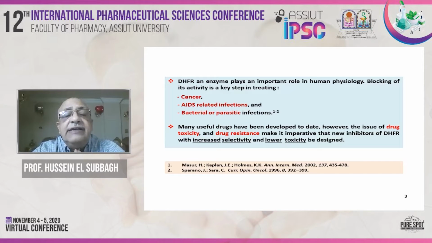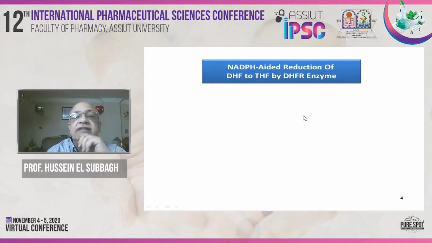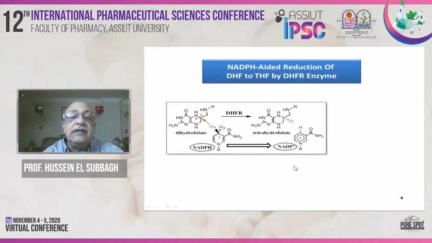We have quite a number of dihydrofolate reductase inhibitors, but they suffer from toxicity and drug resistance. So there is always a need to increase the selectivity and lower the toxicity of the dihydrofolate reductase inhibitor.